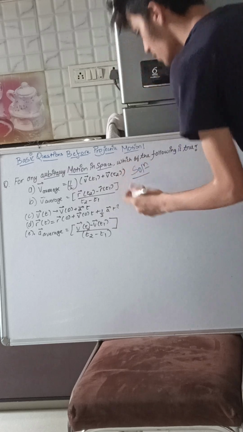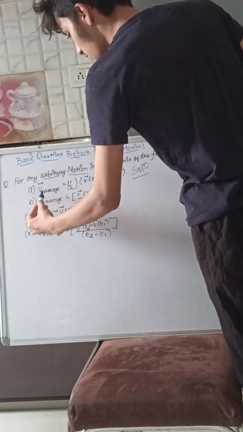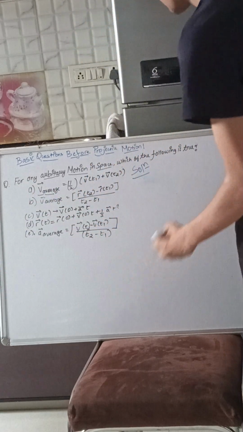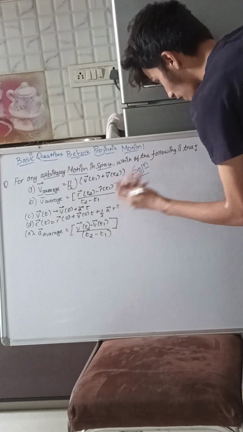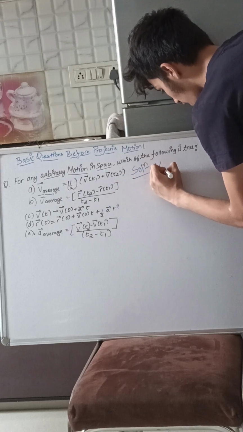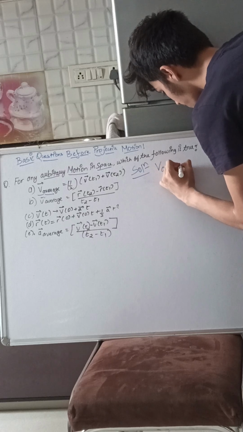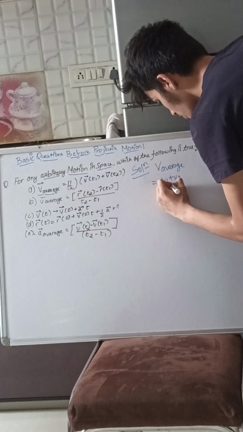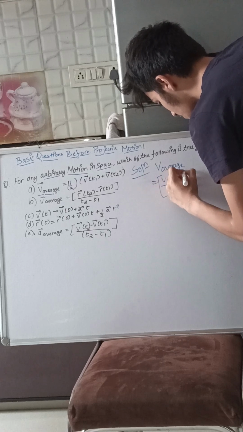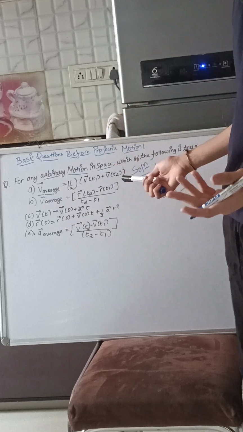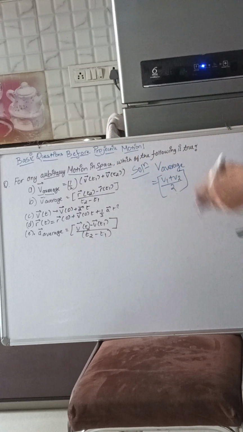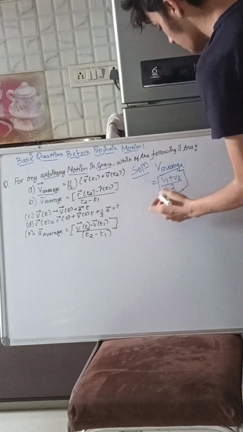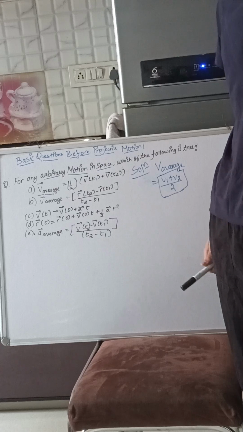Okay, so first is given the average velocity. We know that there is a formula of average velocity: v average equals (v1 plus v2) upon 2. We know this, right? To derive this formula, we also need constant acceleration.